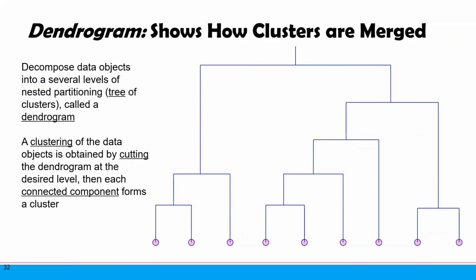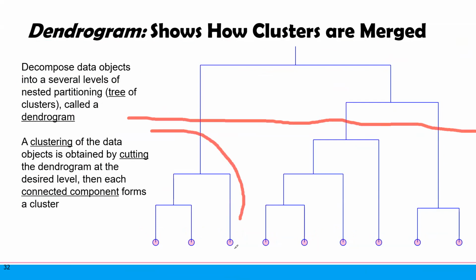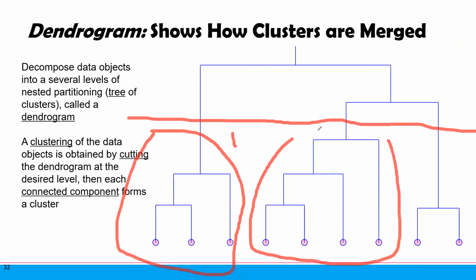Then what I can do is just set up the cutting point. So I cut this tree at this level. Then I can see these are the connected components. So this is cluster number 1. This is another connected component, cluster number 2. And this is another connected component, so this is cluster number 3. This is if we want to make 3 different clusters.